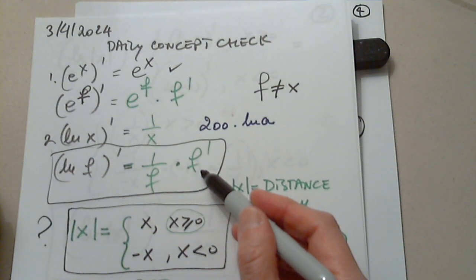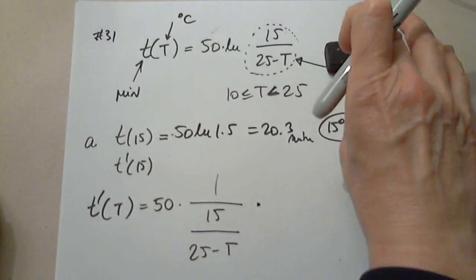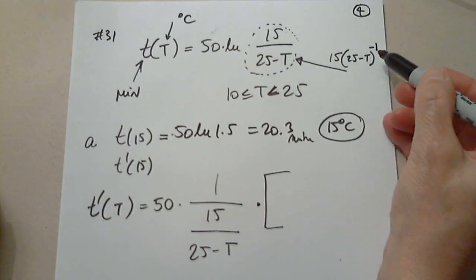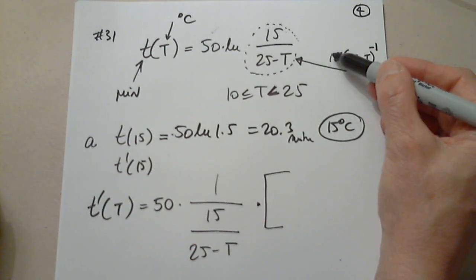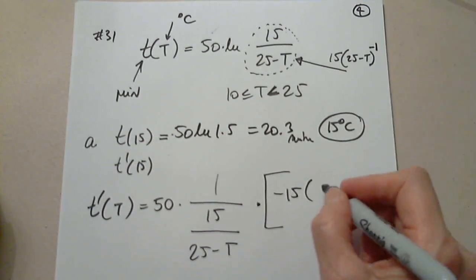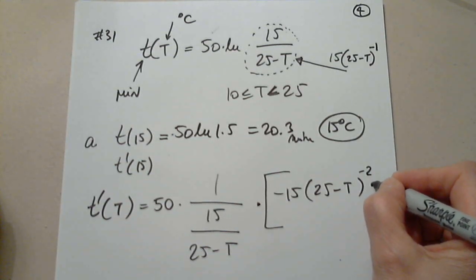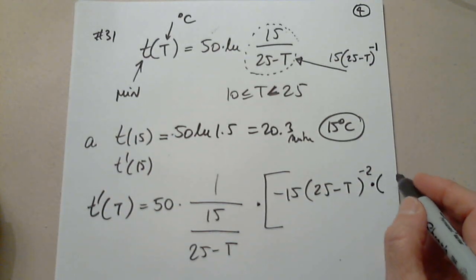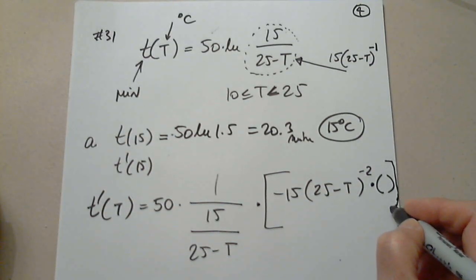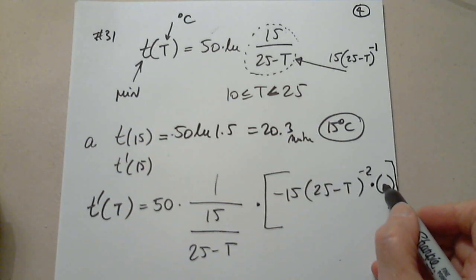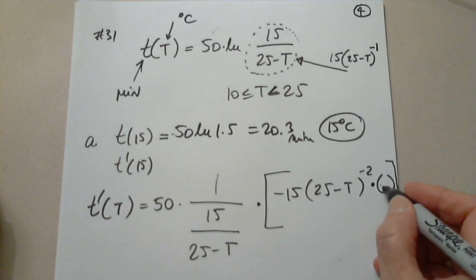Times f prime, which would be... Now we look at this f prime. f prime would be negative 15 times (25 minus t) to the negative 2 power, times the inner function prime, times negative t, times negative 1.